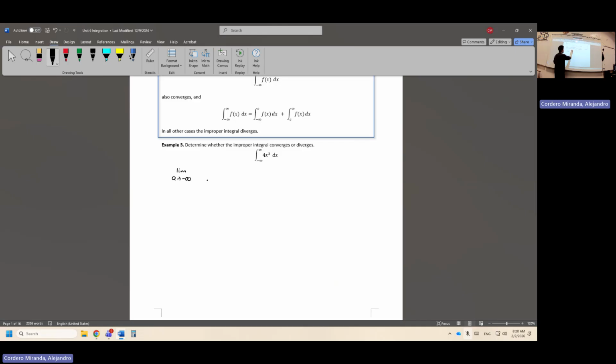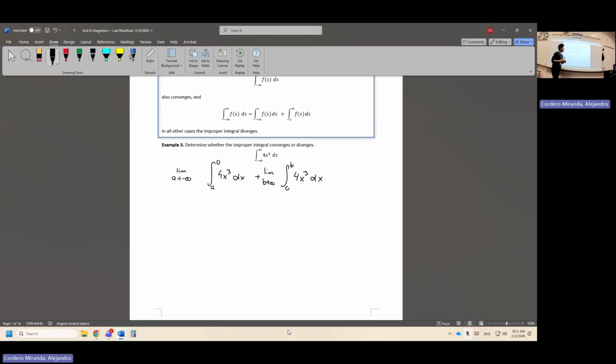I don't know if I should write an in-between step, but I will if you need it. I'm going to write it like this: a to 0, plus 0 to... Like I said, I'll write an in-between step if you need it, but I'm going to skip as much as I can just to get through this.